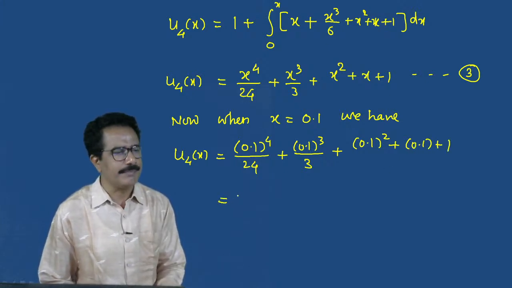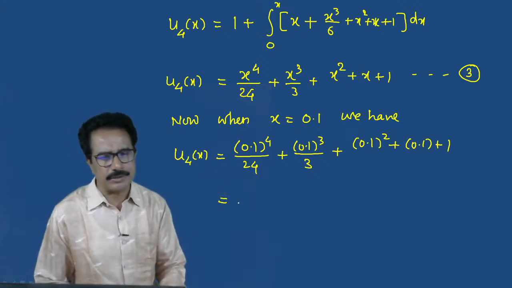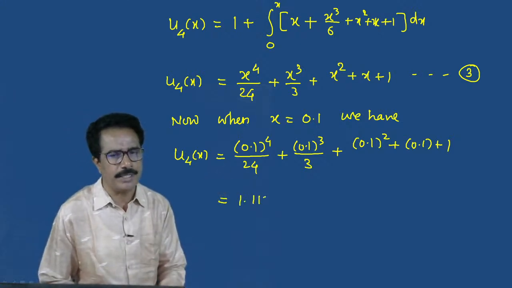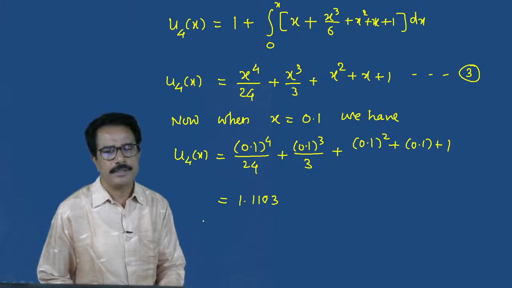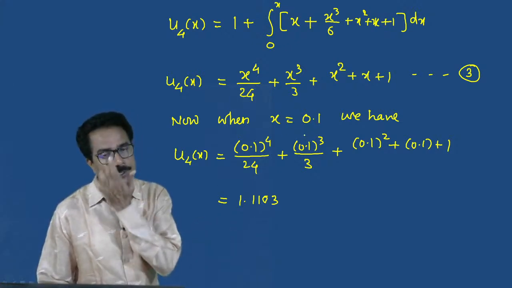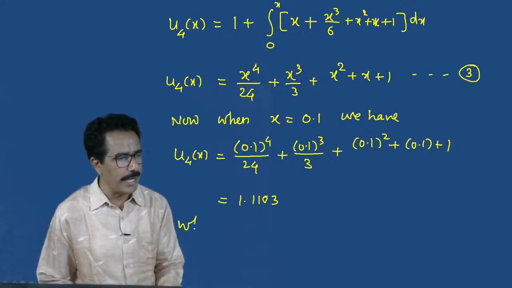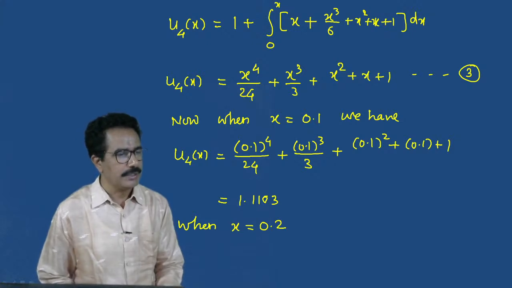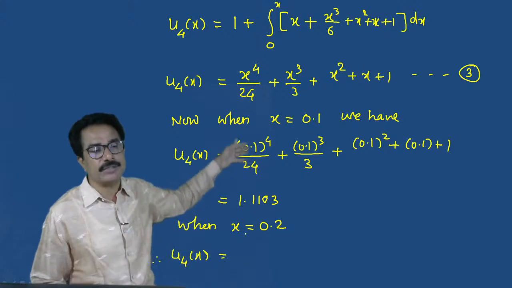Now do this calculation, I have already calculated it. So 1.1103 is u when x is equals to 0.1. If we put x is equals to 0.2, then u4 of x, you do this calculation at home.